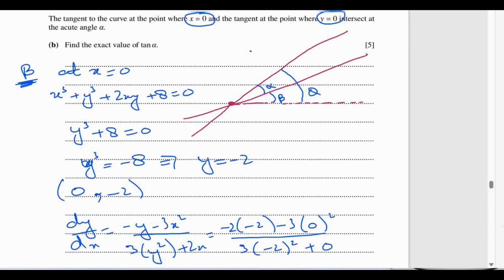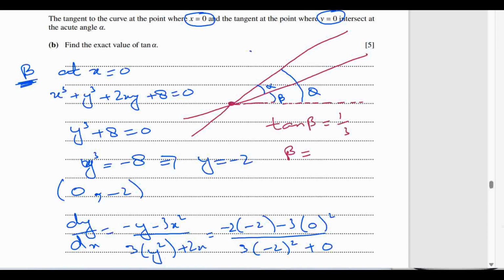Now for the first part, what did you have? tan of beta. Now tan of beta is equals to 1 by 3.